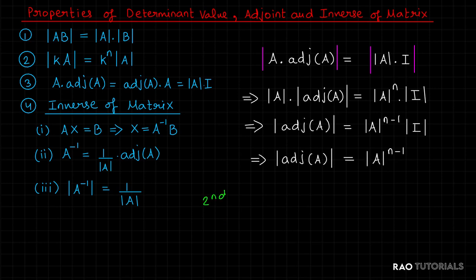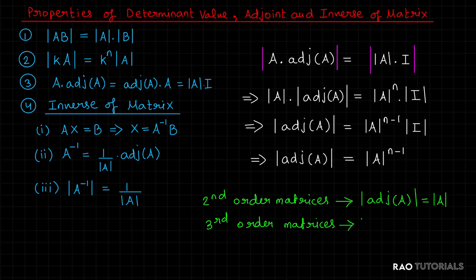So for second order matrices, determinant of adjoint A equals determinant A to power 2 minus 1, that is 1. For third order matrices, determinant of adjoint A equals determinant A to power 3 minus 1, that is 2, and so on.